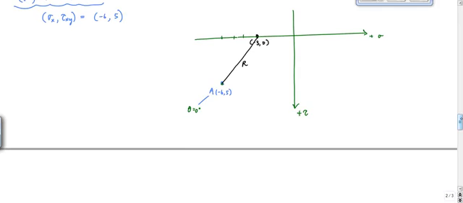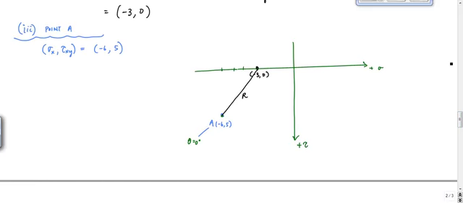I don't need to get all sophisticated and fancy to calculate r. All I need is that I know that here's A, going straight down right here. This distance right here is 3, and this distance is 5.